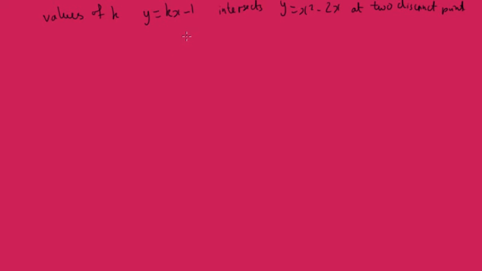So again, we'll put these equal to each other. So we have x squared minus 2x equals kx minus 1. So bring everything over to the same side. x squared minus 2x minus kx plus 1 equals 0. So we'll have x squared minus (k plus 2)x plus 1 equals 0.